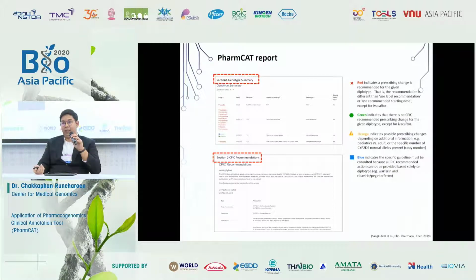And the green color indicates that you have a normal metabolizer and no CPIC guideline recommendation for using this drug.